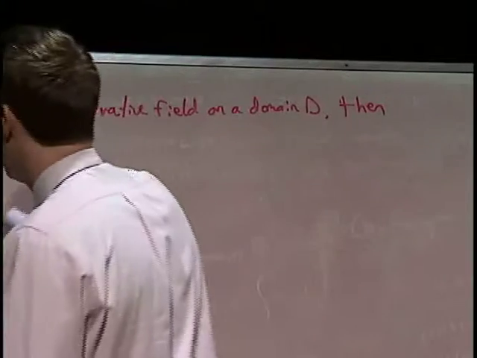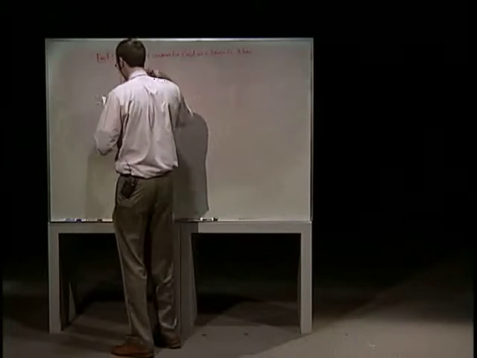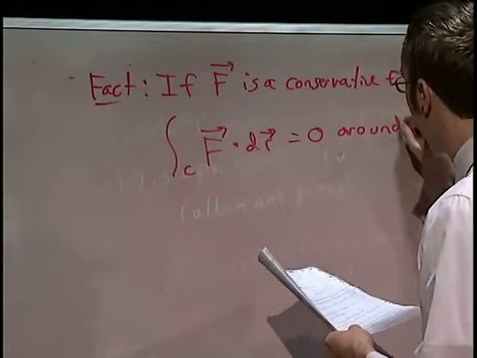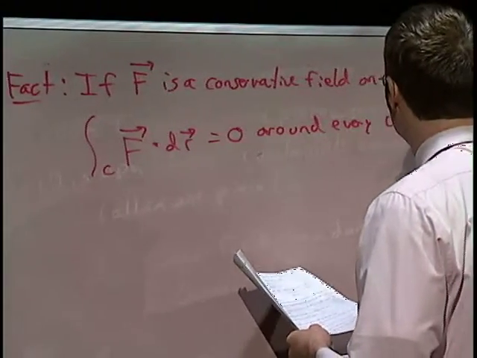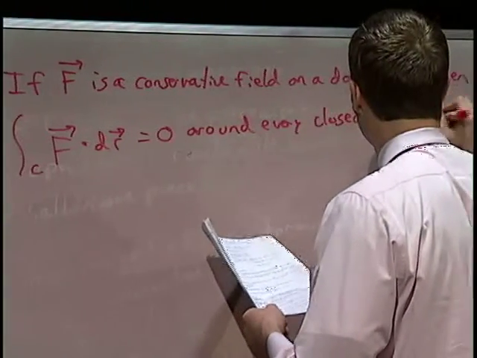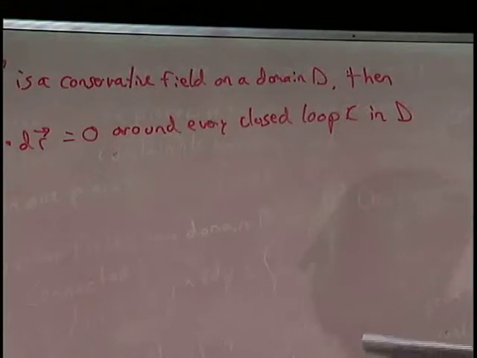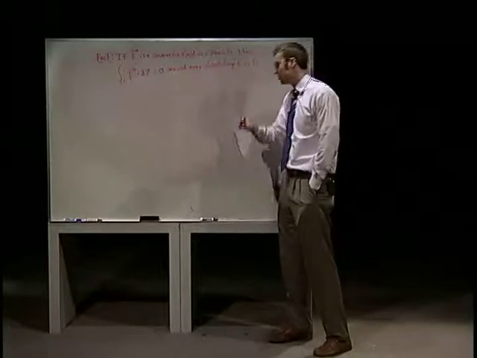Then the line integral over a curve C equals 0 around every closed loop C in D, right? So the line integral of F over C is 0 as long as C is a closed loop.